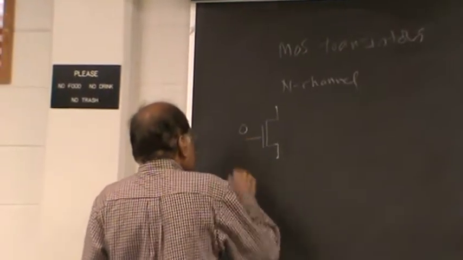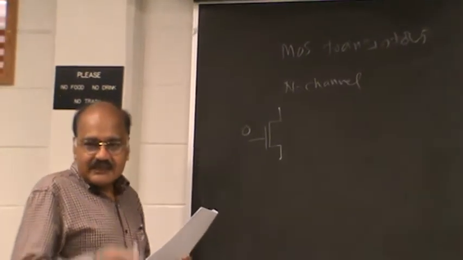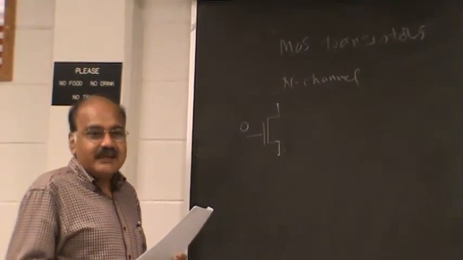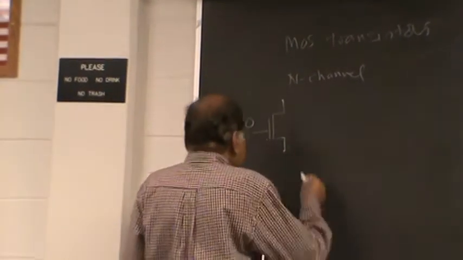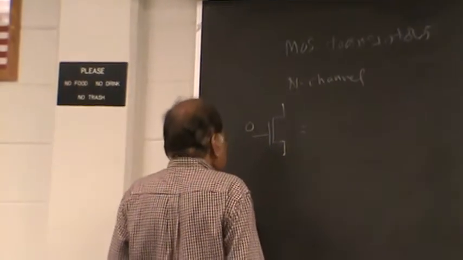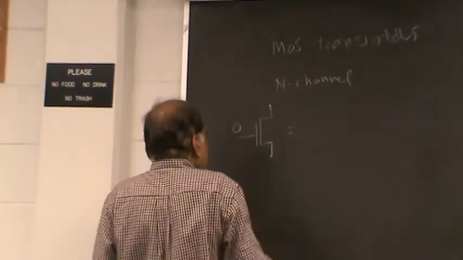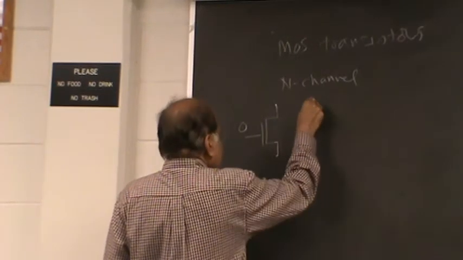And here is the controlling node, which is called a gate, which is kind of confusing because we use the word gate to also refer to the logical gate. But this basically means if you apply a 0, then there is no channel here, and that means the two nodes are basically not connected.